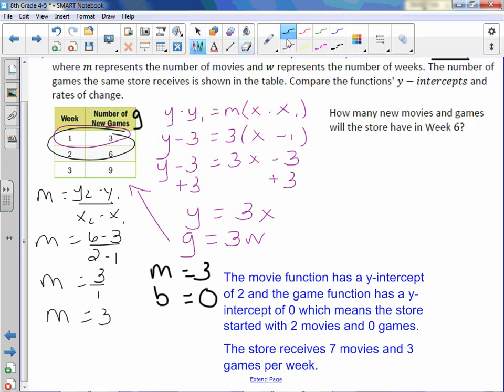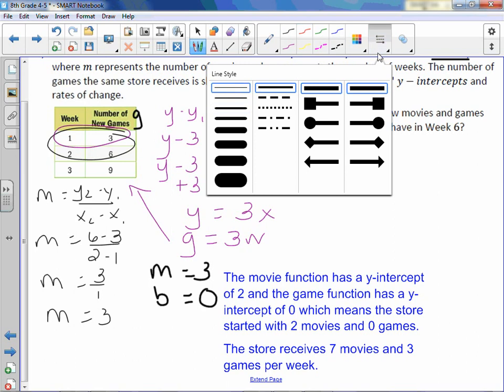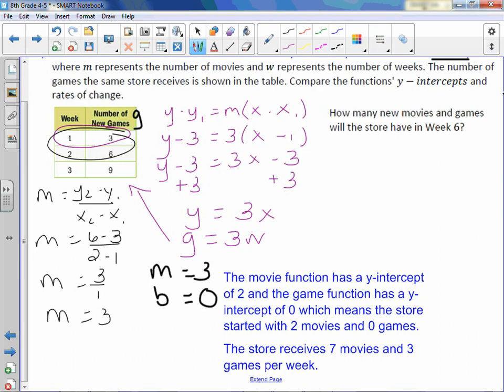Now the second part of the question. How many new movies and games will the store have in week 6? So let's take our functions and plug in 6. So movies equals 7w plus 2, which is 7 times 6 plus 2, or 42 plus 2, or 44.